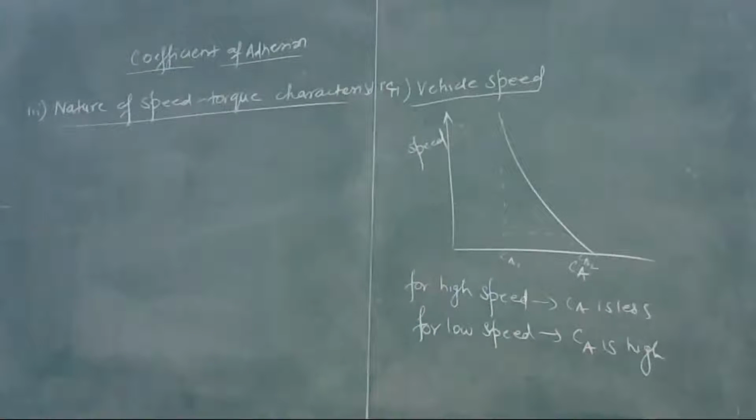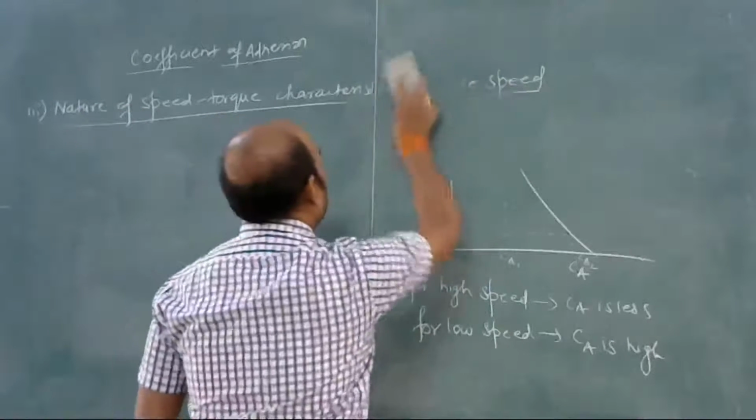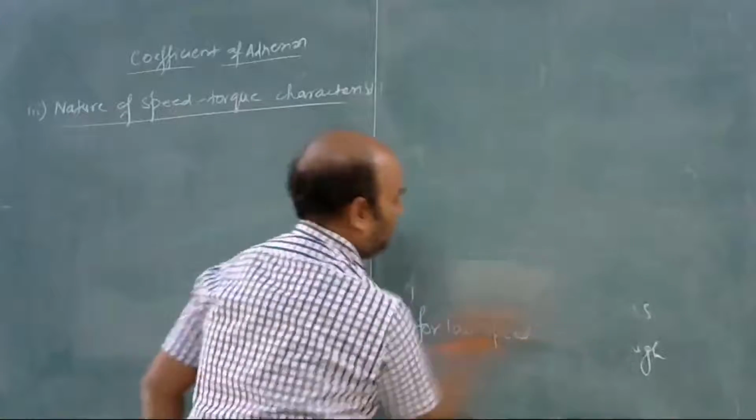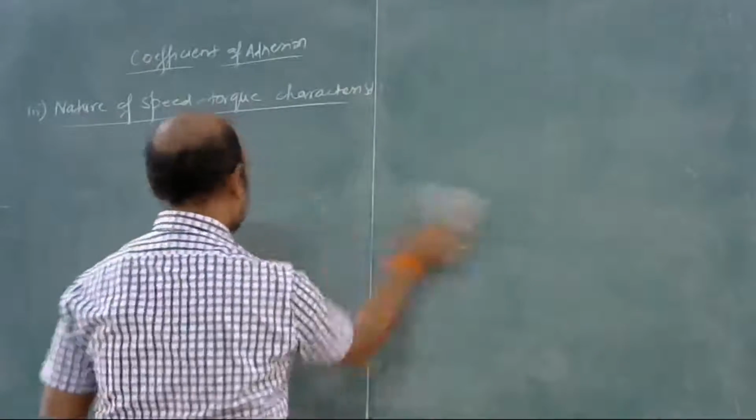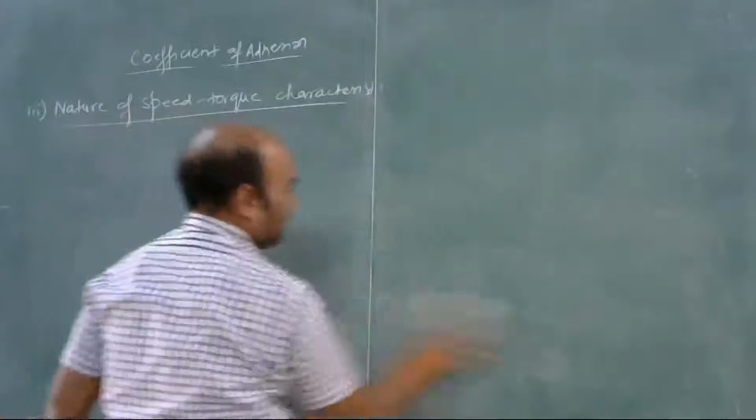Okay. So CA will be high with a motor with low regulation of speed. Okay, as torque decreases, the motor will regain the grip.